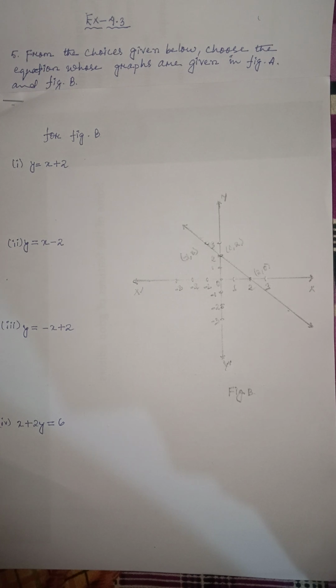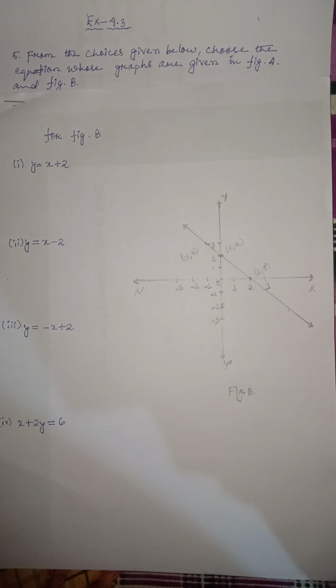If you assume x is equal to minus 1, then the y value should be equal to 3. Likewise, the equations that pass this test will be called the correct equations.